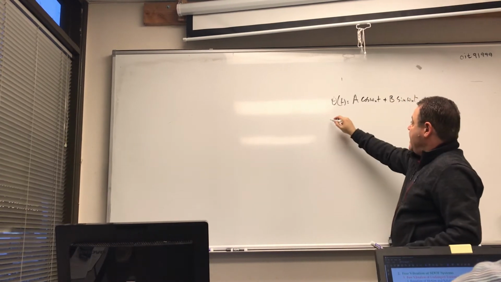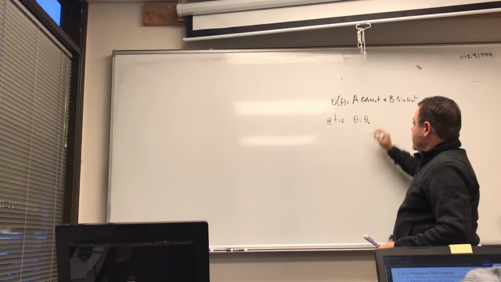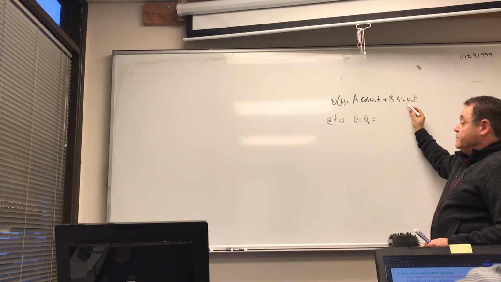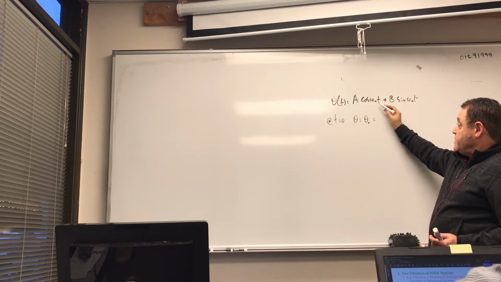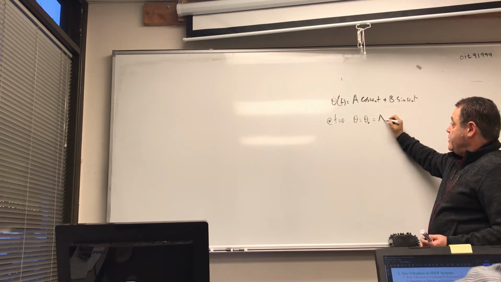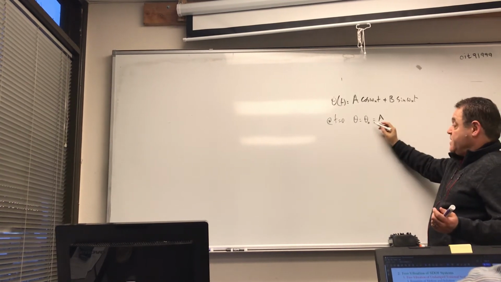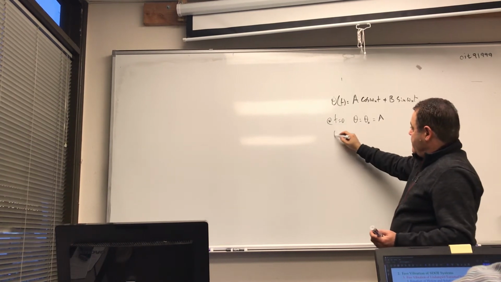At t equal to 0, theta is equal to theta naught. Now I replace t by 0. Cosine 0 is 1, so I just have a here, and nothing from the sine term. So a is equal to theta naught.